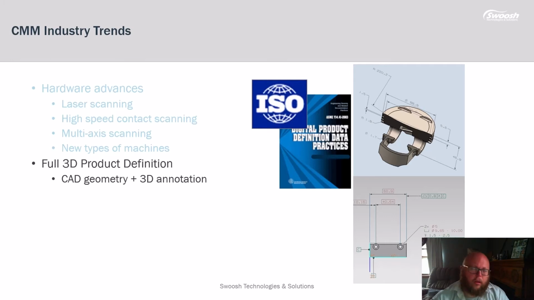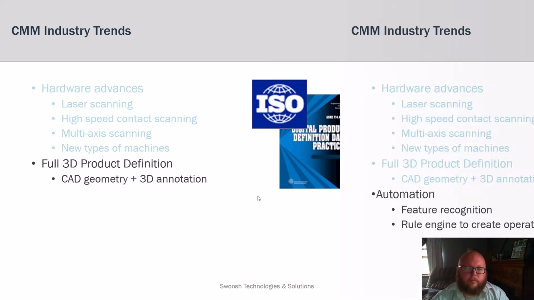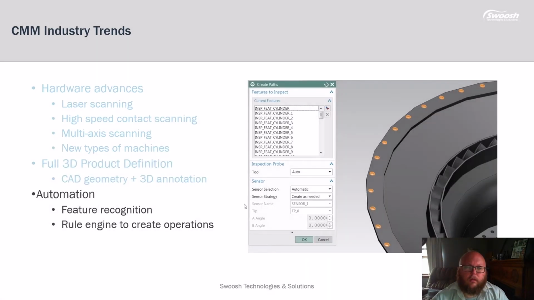Now this data can be used as traditional tolerancing or using geometric dimensioning and tolerancing standards. And we want to be able to automate a lot of this functionality.